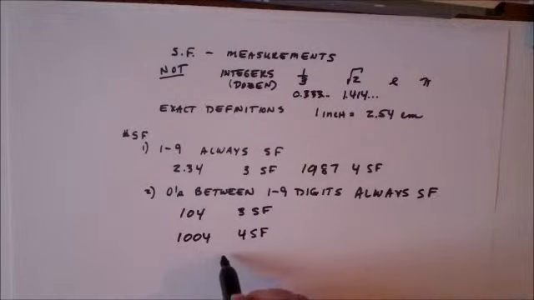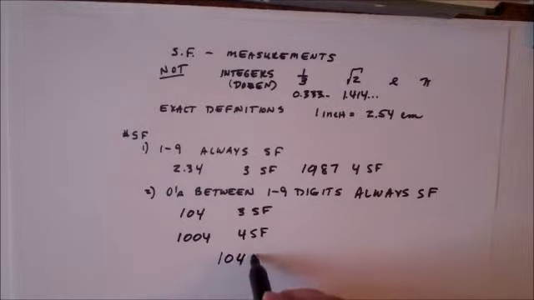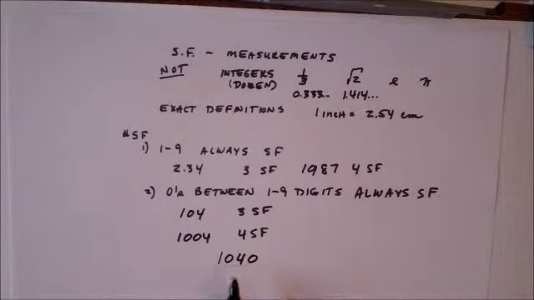The question arises, how can we determine the number of significant figures in a number like 1040, in which this 0 would definitely be a significant figure since it follows rule number 2. The question arises as to what do we do with the trailing 0.